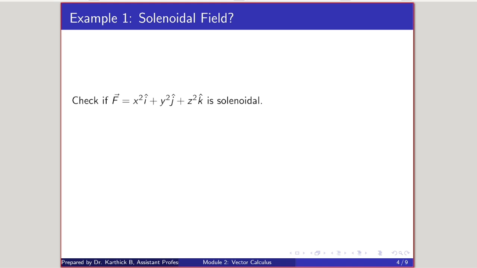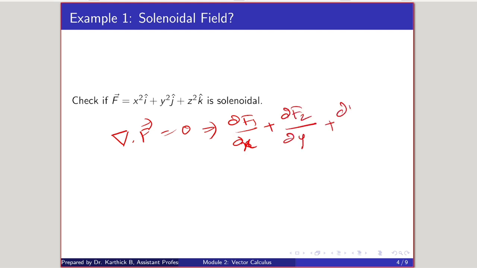First, we want to check whether this field is solenoidal or not. So, what is the formula for it? Gradient dot F vector should be 0. That means dou F1 by dou x plus dou F2 by dou y plus dou F3 by dou z.